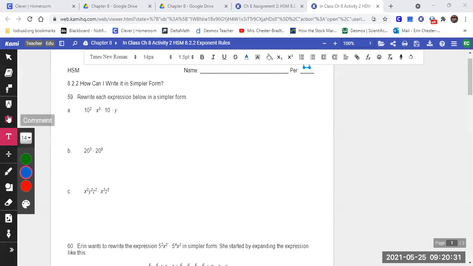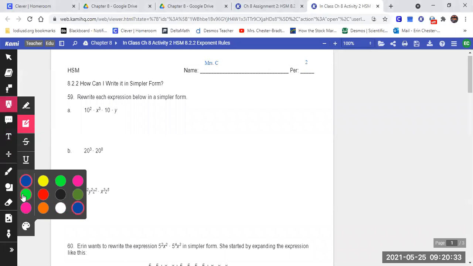Okay, so first thing we need to do is color code and see how many pieces we have to worry about. I see a base 10 and a base 10, right? And then I see an x to the 3rd. Do I see another x to the 3rd? Do I see another x?